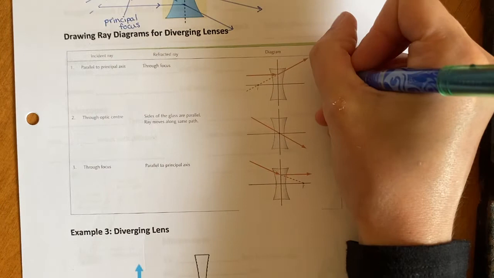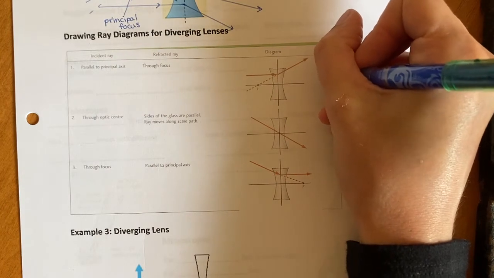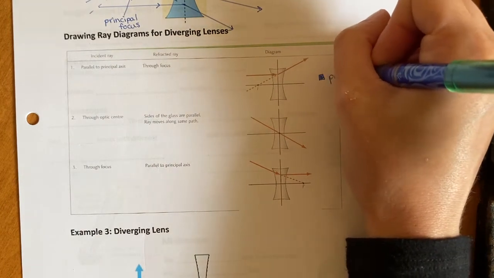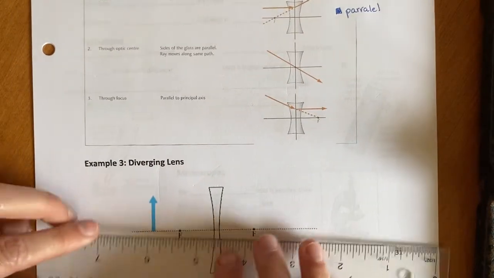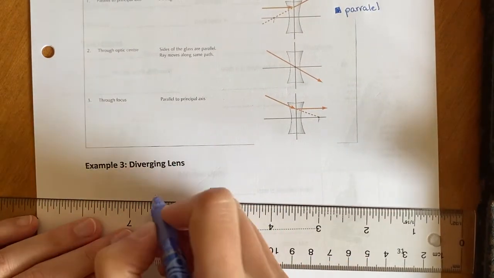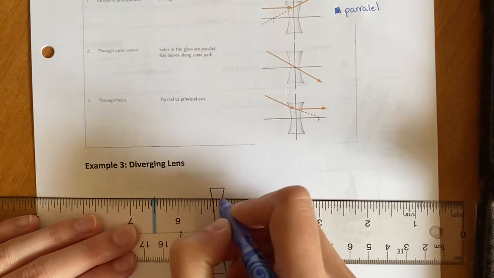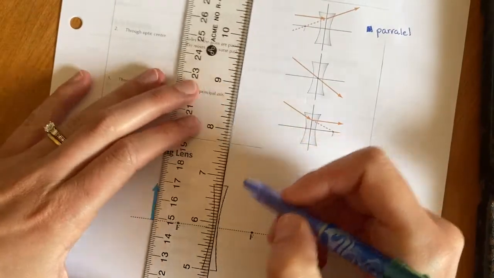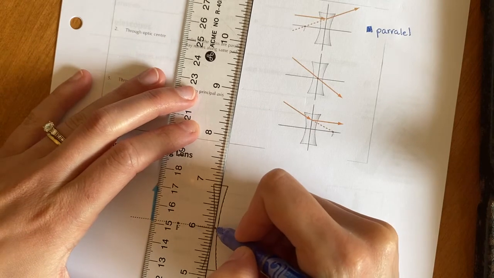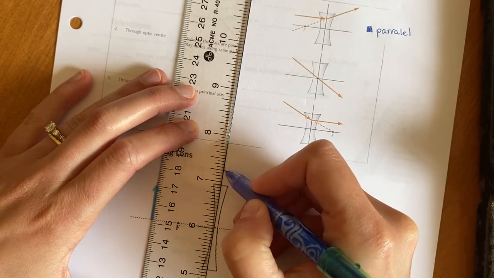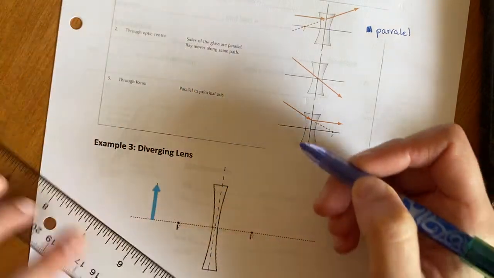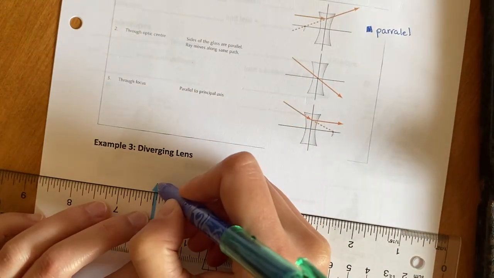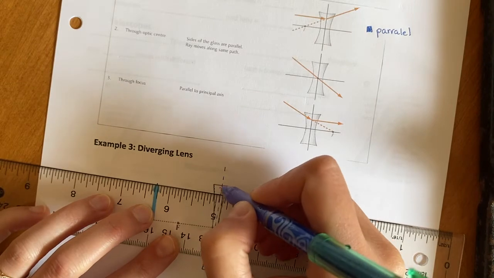First line is our parallel line, so it's going in parallel. From the top of your object to the lens axis. I'm going to draw a lens axis on here actually just to make it a little bit clearer. So straight perpendicular to the principal axis, straight down the middle. We'll just add that in. Line it up.